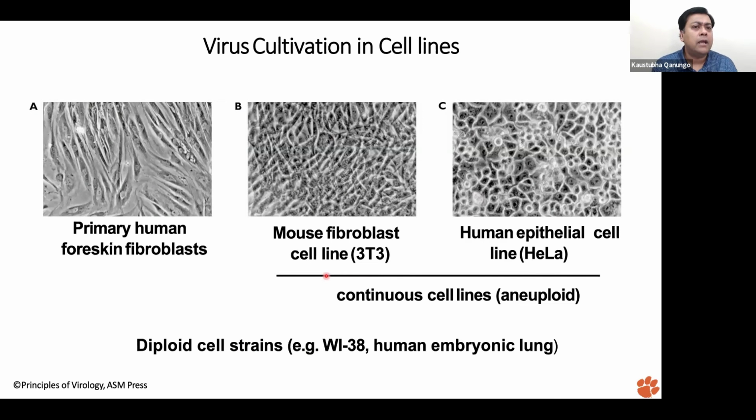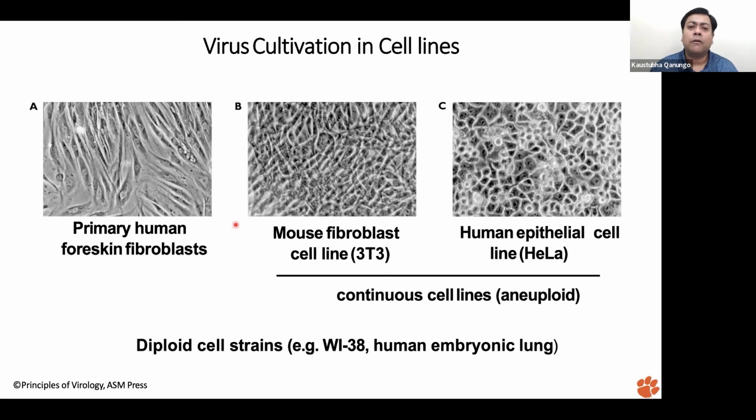Viruses are routinely cultivated in cell lines, and there is a difference between cell lines, and this is from your cell biology. You may or may not have taken it, but the differences between cell lines are that some are called primary cell lines. Primary cell lines are cells isolated from an organ tissue; we chop them up and break them up with proteases so that they are not attached, and after that we propagate them.